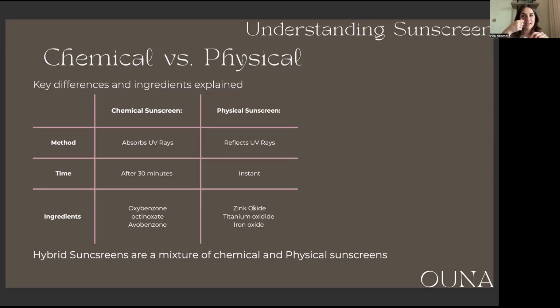So think about the zinc sticks surfers use, or mineral powders and makeup, as mineral makeup works as UV protection as well. Hybrid sunscreens, maybe you've heard about hybrid sunscreens, are actually a mixture between chemical and physical sunscreens.